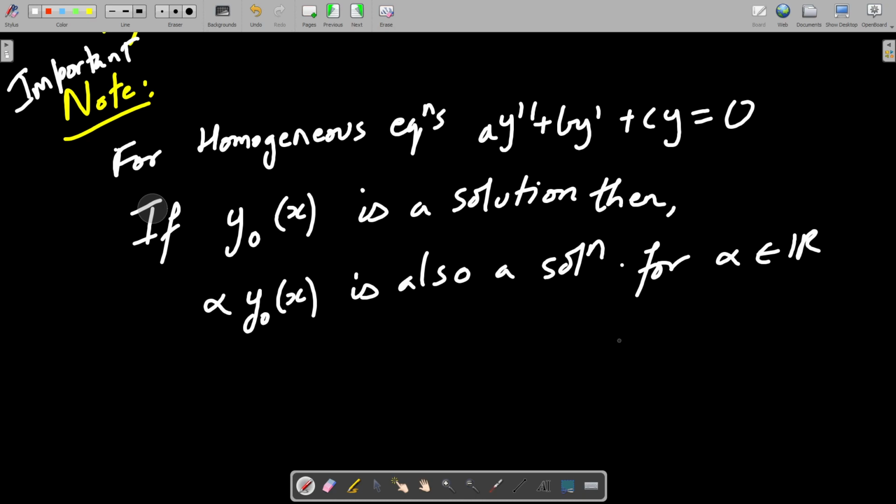You multiply your solution with any constant, you get another solution of it. It need not be a completely different solution, but it's another solution.